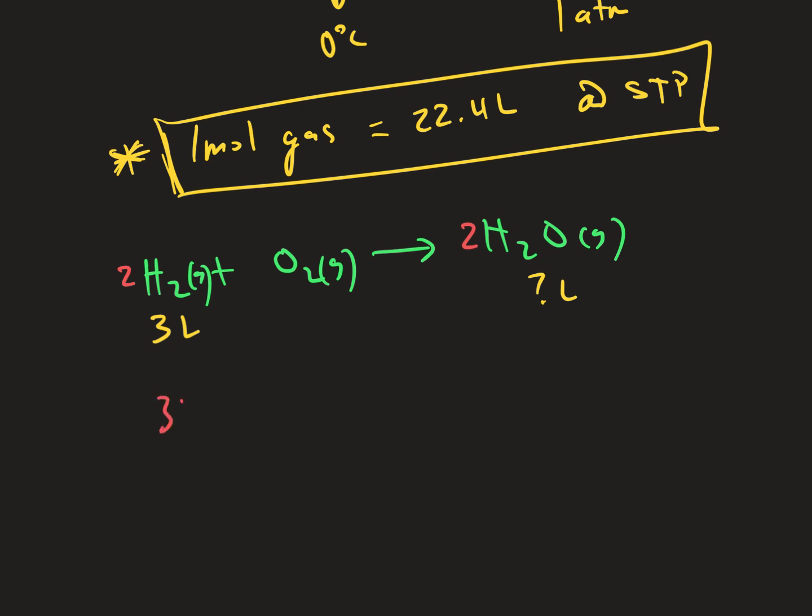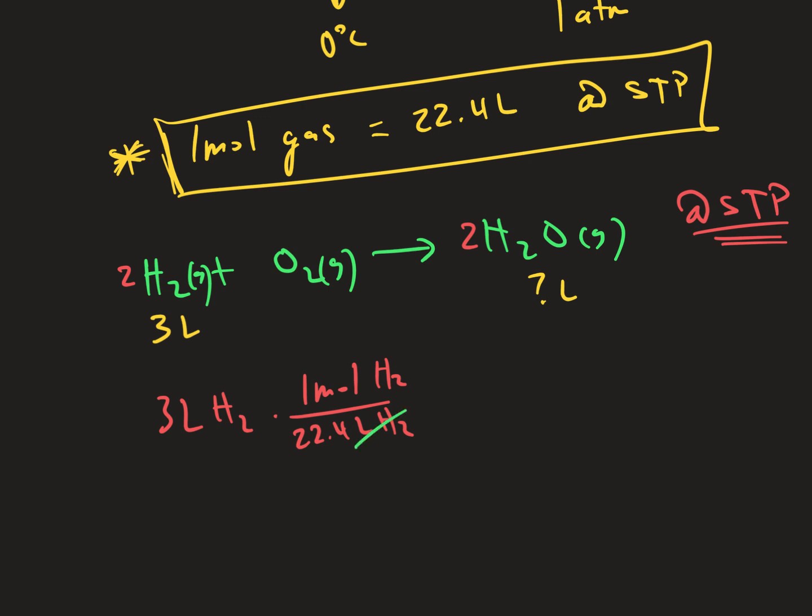So 3 liters of H2. Where do we go from there? Well, we know if this is at STP, it has to be at STP before we can do it, then we can change 22.4 liters of H2 into 1 mole of H2.